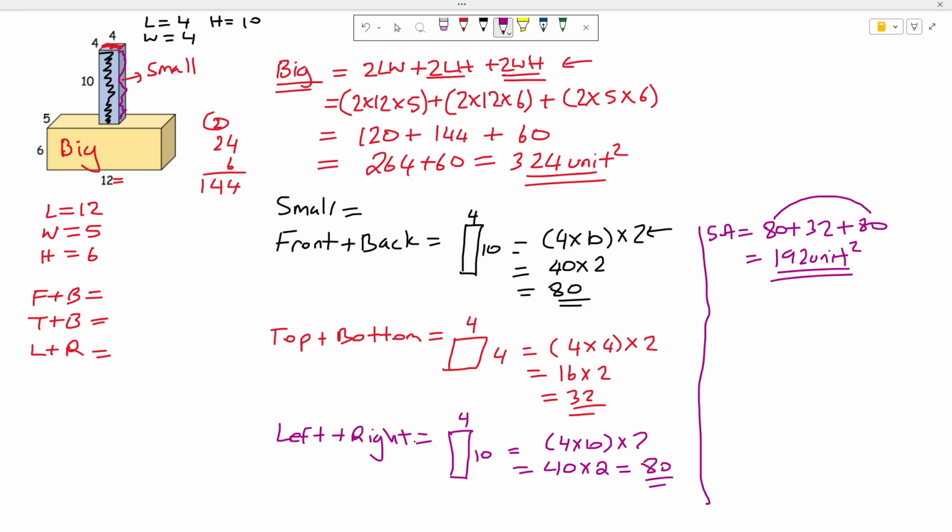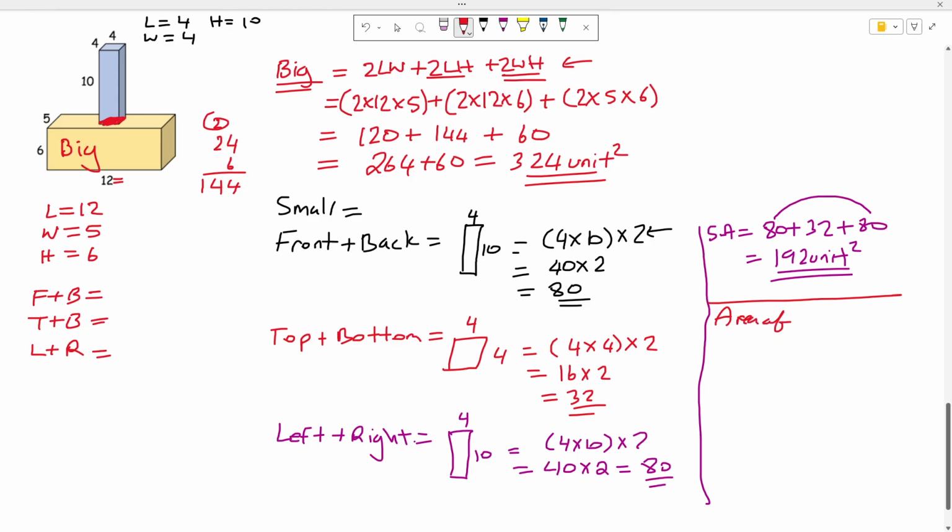So now we have found the area of the big rectangular prism and the small rectangular prism. But now if we take a look at it, guys, while we were finding the area of this rectangular prism right here, we have calculated this part twice. Now this is what we call the area of overlap, right guys?